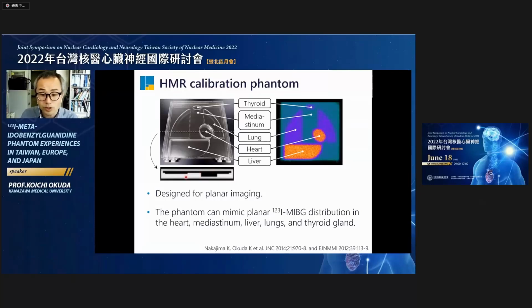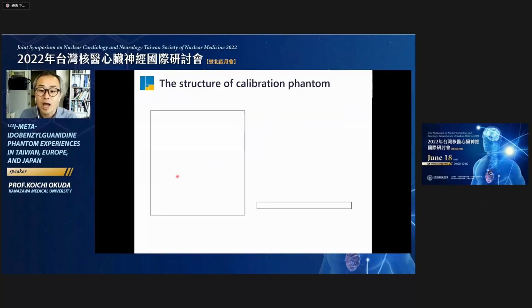All organ parts are connected as one compartment, so radionuclide concentration adjustment is not required for each organ. Moreover, the radioactivity of each organ is adjusted by changing acrylic thickness. Here, I would like to explain the structure of the calibration phantom using the animation.